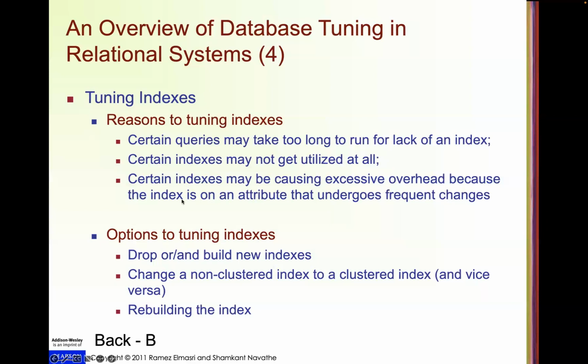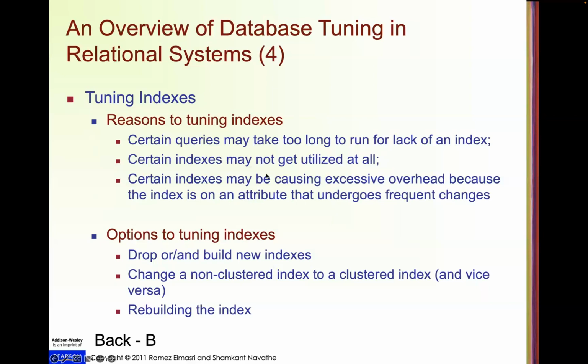Now, the third one is certain indexes may be causing excessive overhead because they are kept on an attribute that is changed frequently. So the field on which we make an index is not supposed to change, because if the value inside the attribute on which we have made the index changes, it will disturb the index as well, right?